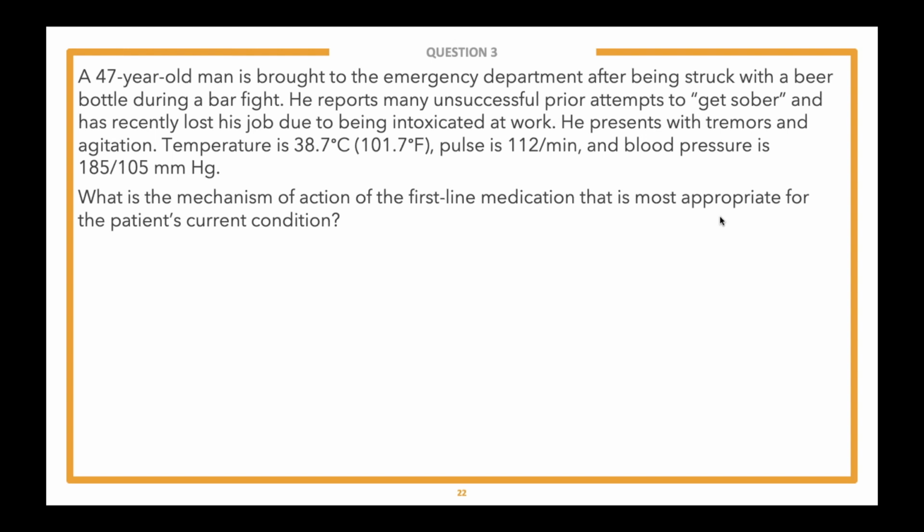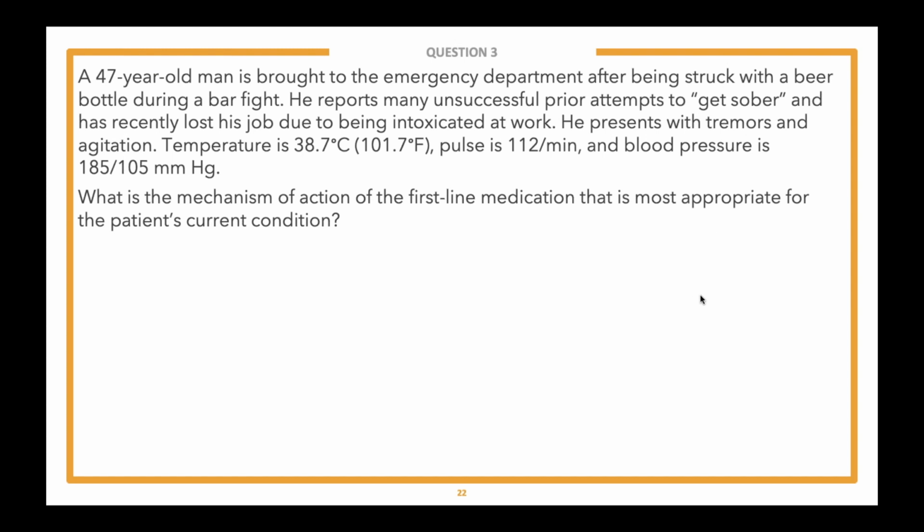He presents with tremors and agitation. Temperature is 38.7 Celsius or 101.7 Fahrenheit. Pulse is 112 per minute. And blood pressure is 185/105. What is the mechanism of action of the first-line medication that is most appropriate for the patient's current condition?